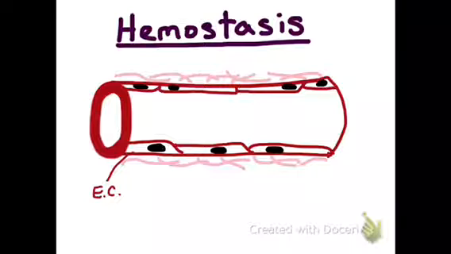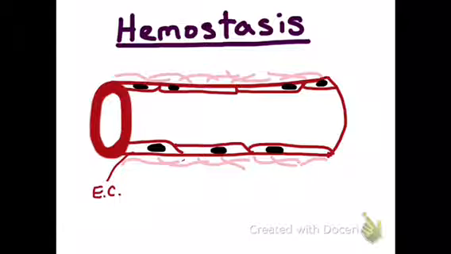And those endothelial cells are lined by subendothelial collagen, and those are the pink strands below the endothelial cells. Within that subendothelial collagen is a lot of different proteins, and the ones that we care about with hemostasis are tissue factor and von Willebrand factor.